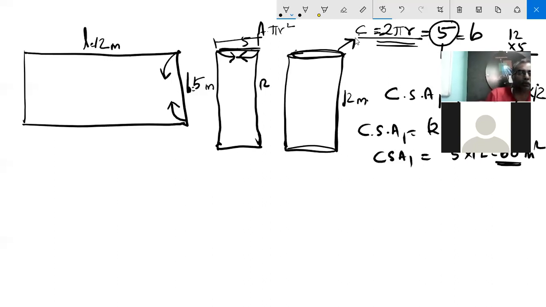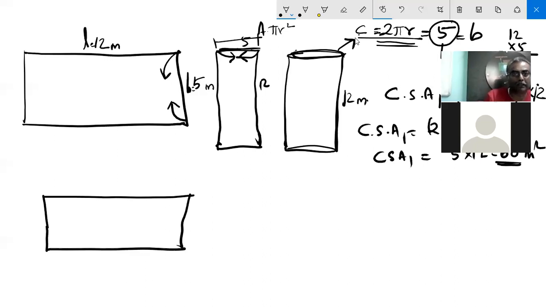Now, what do we have to do? Length is 12, breadth is 5. Instead of folding along the breadth, you are now folding along the length.